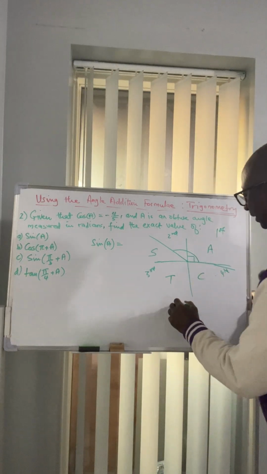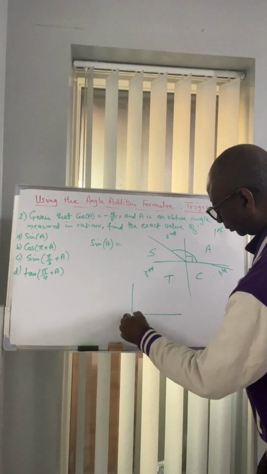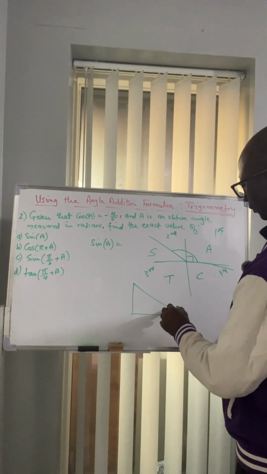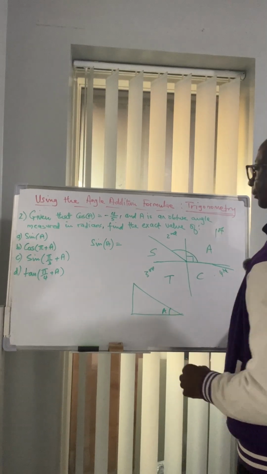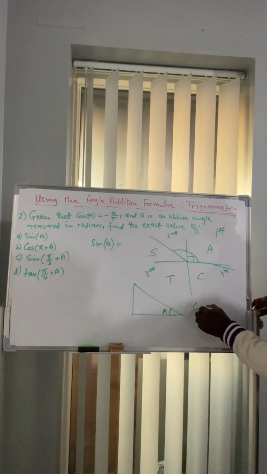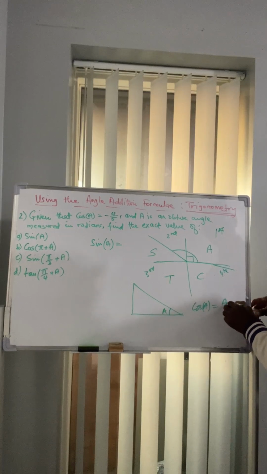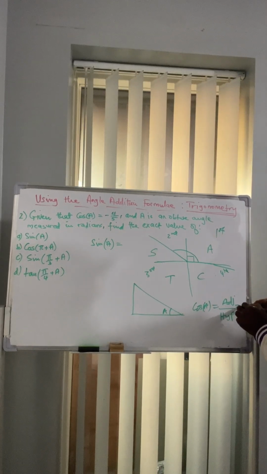So in that case, we'll have something like this. This is A. And what is the cosine of an angle? Cos is adjacent over hypotenuse. And here we are told it is minus 4 over 5.